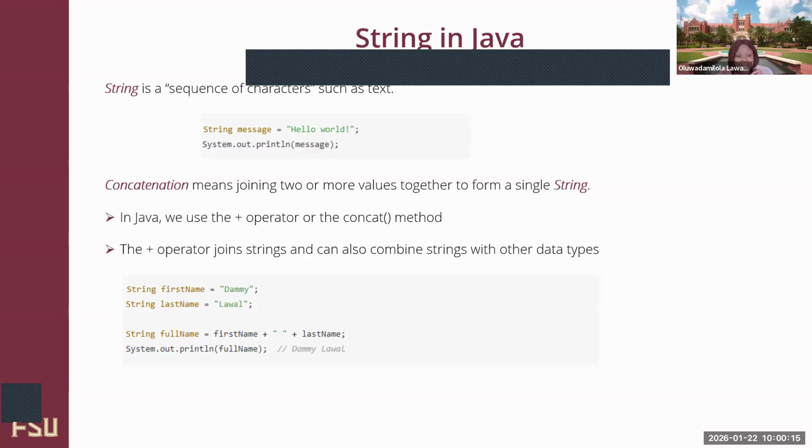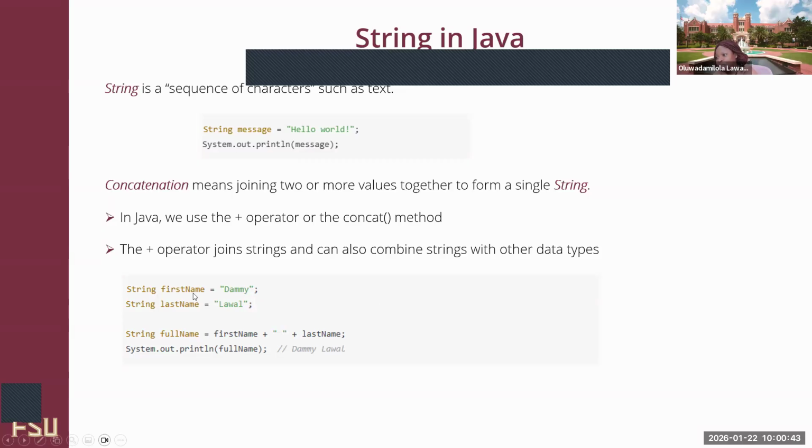So there are two ways we can do this in Java. Well, there are more than two, but for this class, we'll be concentrating on two ways. First, using the operator sign plus, which is addition. So you're combining two or more values together. And look at the example here.